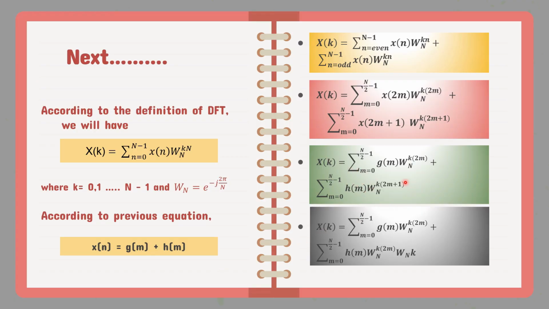And then the W to the power of k(2m plus 1) will be split into W to the power of k2m and also W_N to the power of k. As the W_N to the power of k here does not depend on the m, we move this to be put outside of the summation.